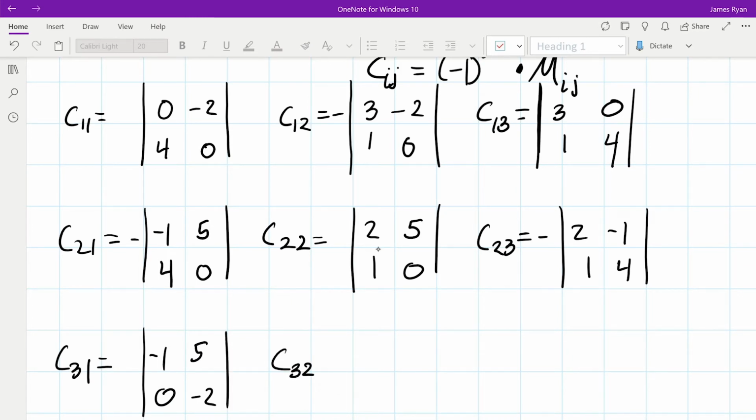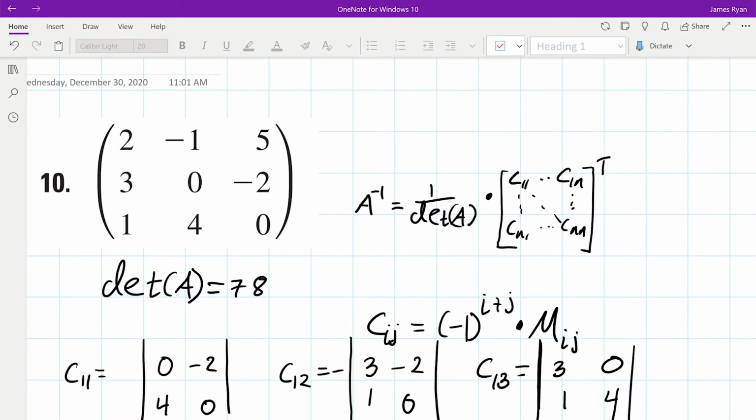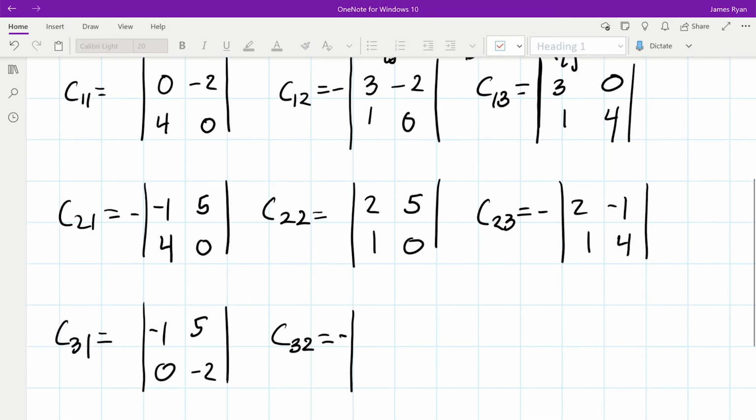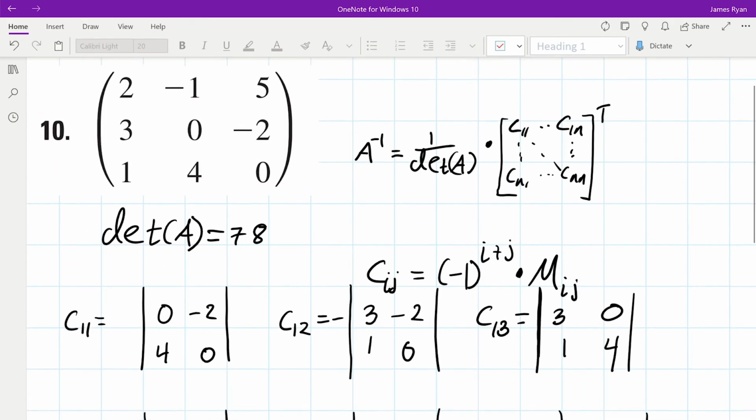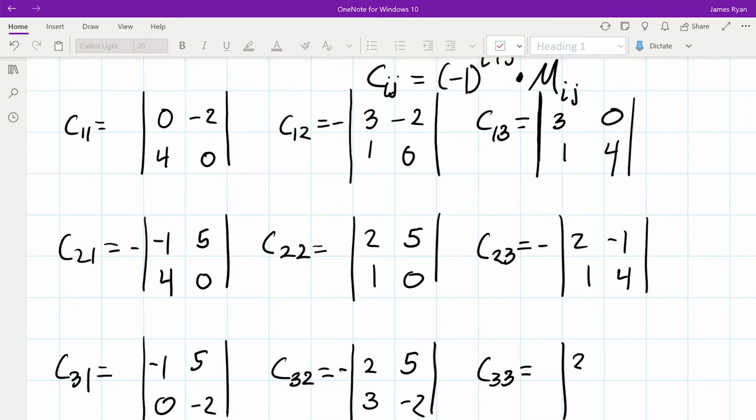C32 is negative the minor determinant 2, -2, 3, 5. And C33 is positive the minor determinant 2, 0, 3, -1.